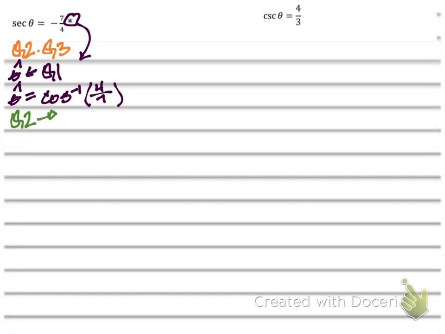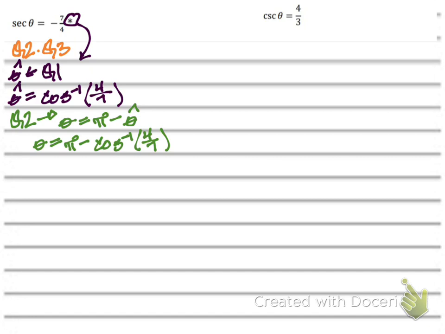So then if I want the quadrant 2 guy, in quadrant 2, theta is pi minus theta hat. So that's theta is pi minus the inverse cosine of 4 over 7.